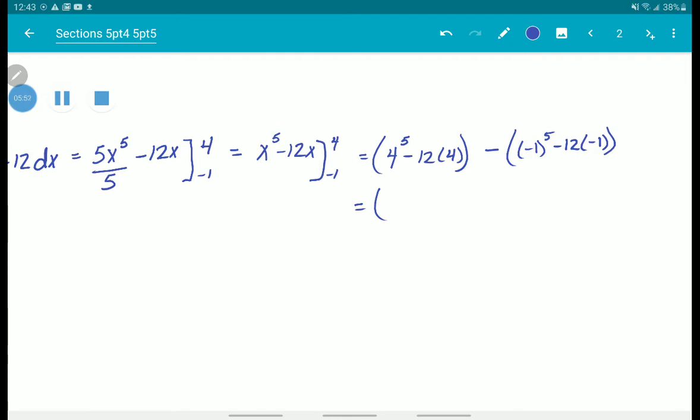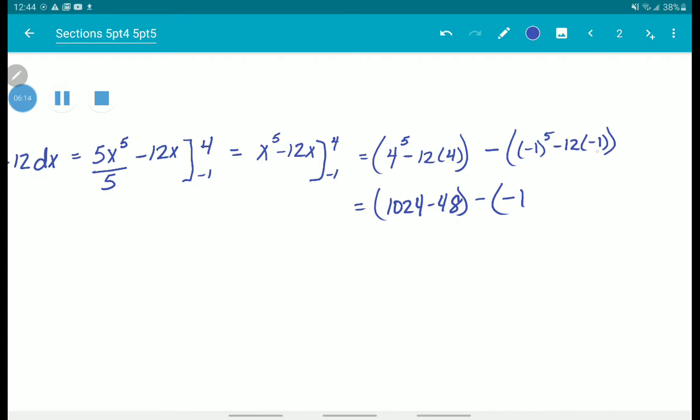We've got 4 to the 5th, so that's 1024, minus 48, minus negative 1 to the 5th is negative 1.